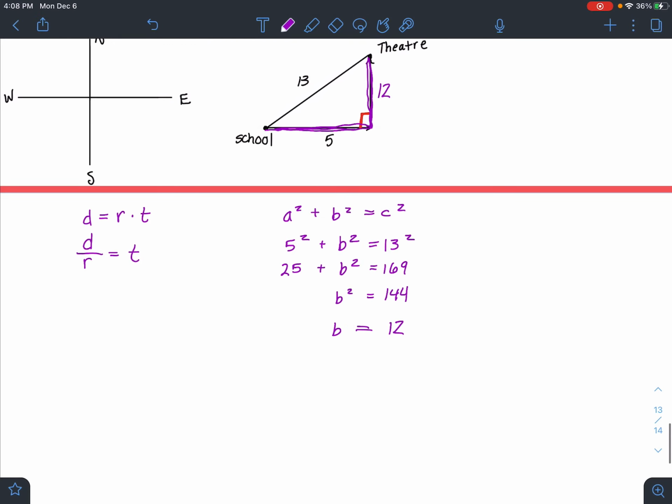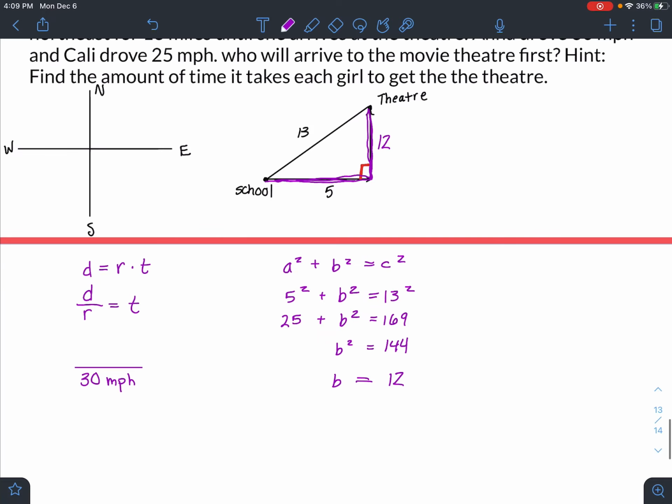So, her rate is 30 miles per hour, and her distance was 5 miles plus 12 miles, so that's 17. So her time is going to be 17 divided by 30, which is 0.56 hours.